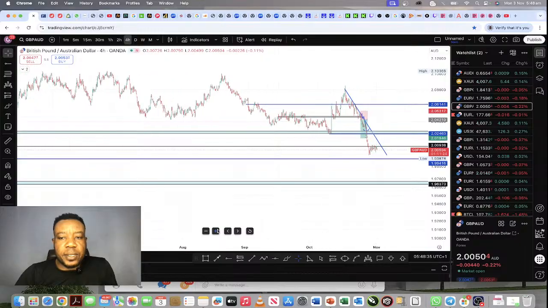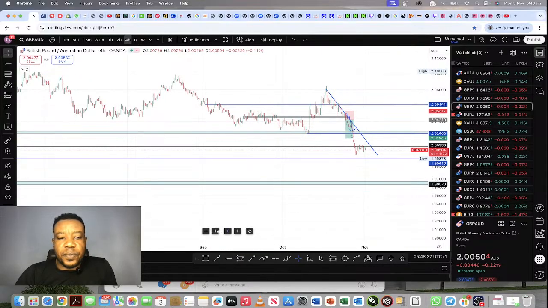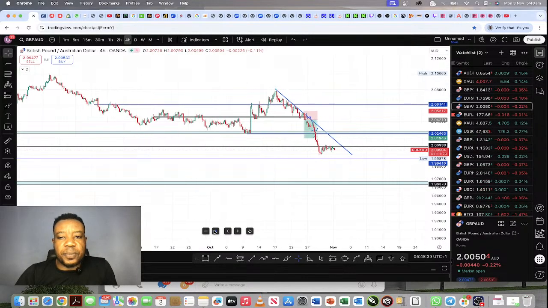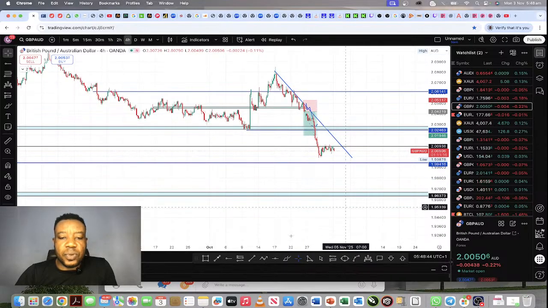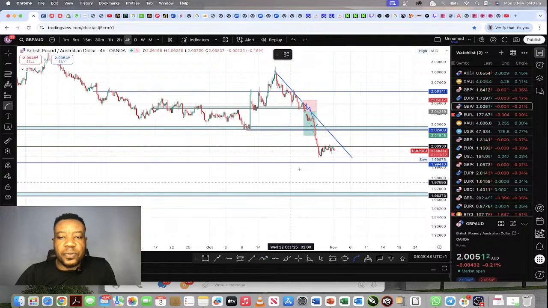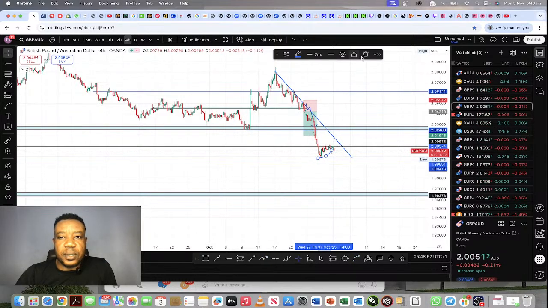So what I expect is, if price couldn't go up as expected, if we cannot go to this area of interest, then we could see price just drop to give us a curve like this.